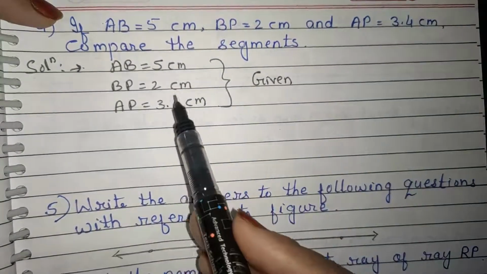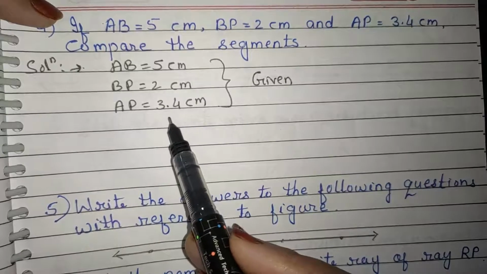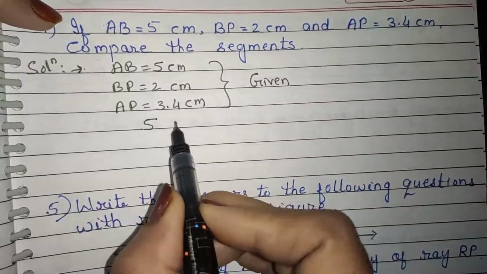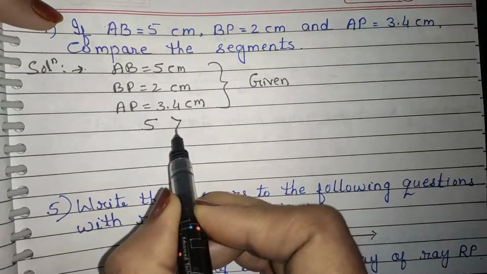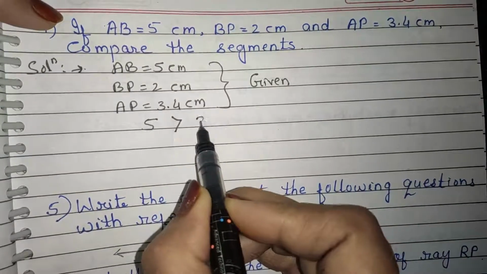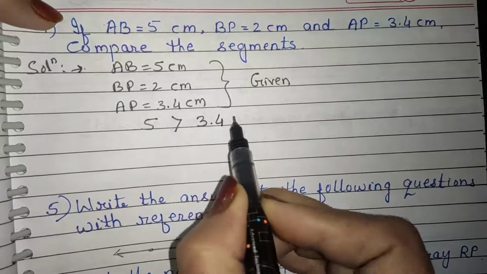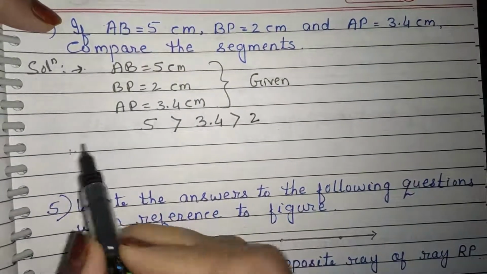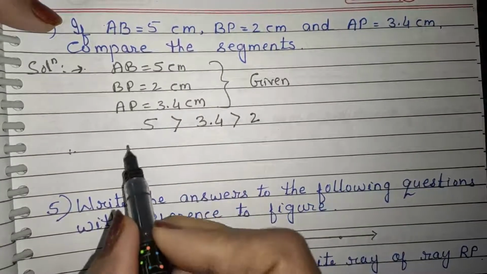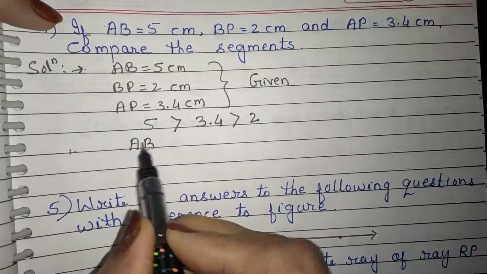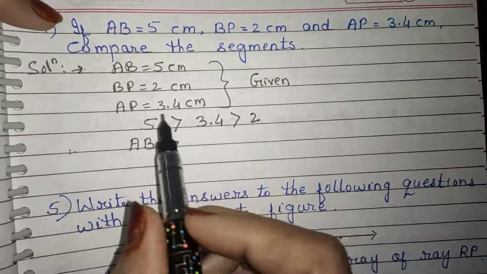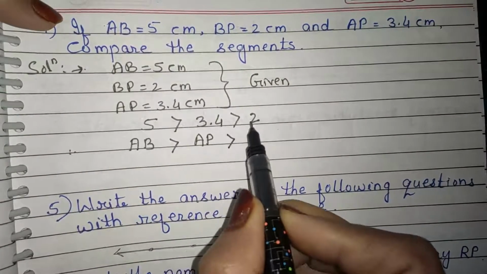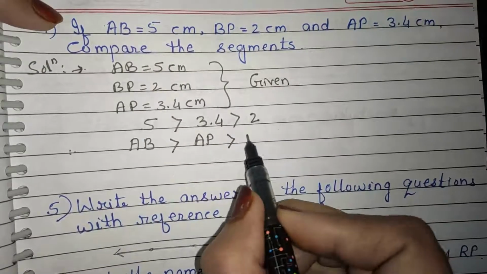Now look here, 5, 2 and 3.4. Now the greatest number here is 5. It is greater than 3.4 and 3.4 is also greater than 2. Okay, therefore we can write here 5 means AB, it is greater than 3.4. 3.4 means AP and it is also greater than 2 means it is the value of BP.